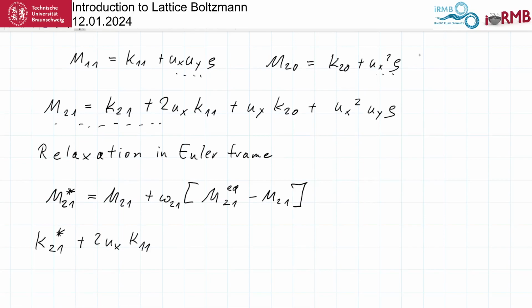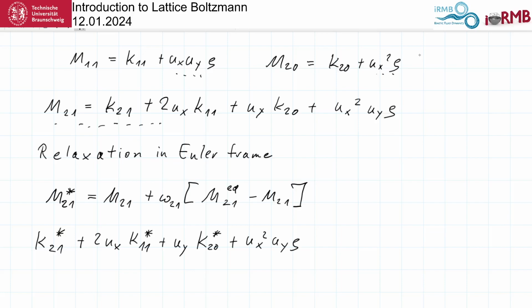So in this case, we are replacing the post-collision state. So the K11 is also the post-collision state here, right? Plus Uy K20 post-collision state, plus Ux square Uy rho.